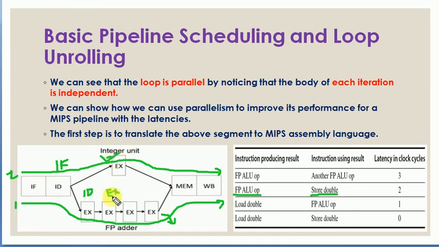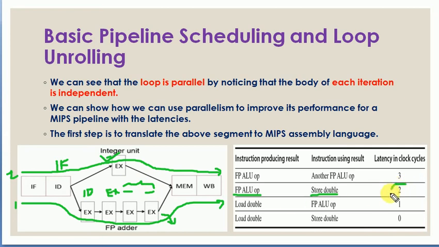Then some value that is generated by the first instruction is to be stored into this memory. So the next stage is the memory stage, but what is to be stored will not be received at this stage, even at this stage. That means we will have a 2 clock cycle delay.